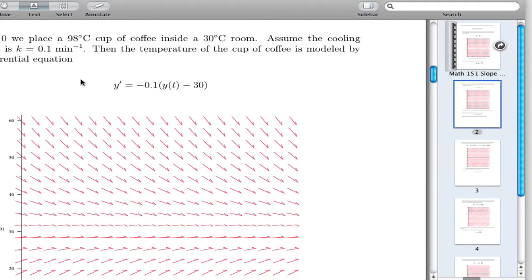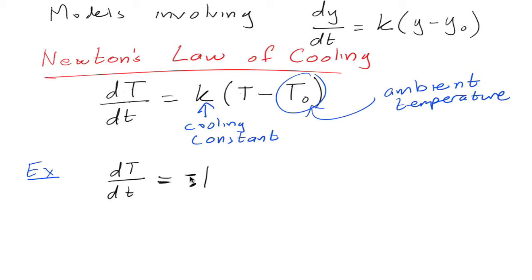The problem is that this is kind of annoying, but there's a conflict between Newton's law of cooling and the general model. In your book, when they write down Newton's law of cooling, I think there's a negative sign in front of the k. It doesn't really matter, so let's just stay consistent and put the negative there.